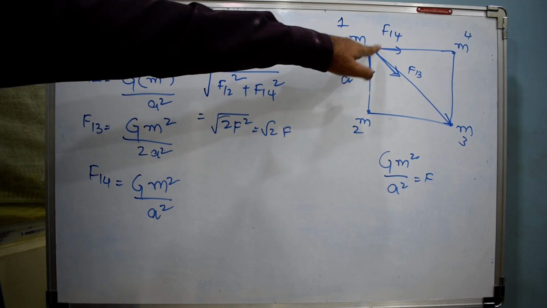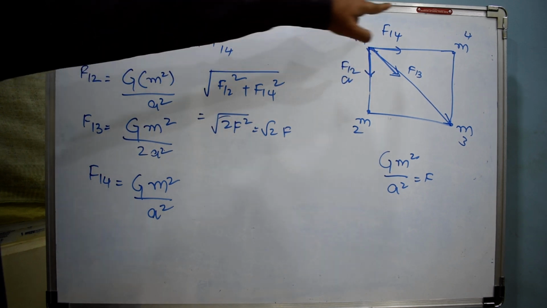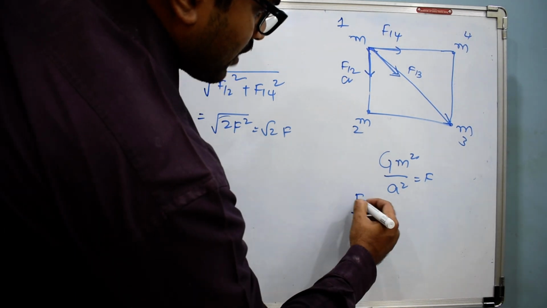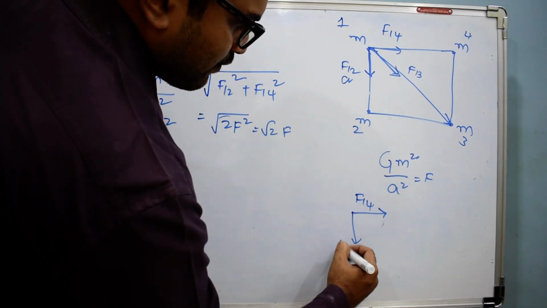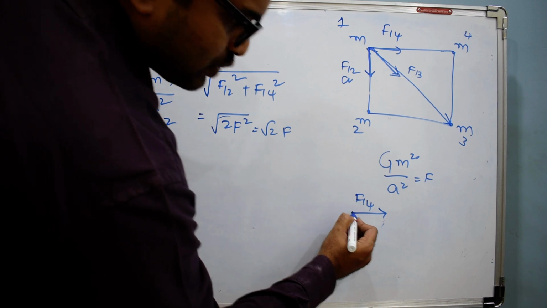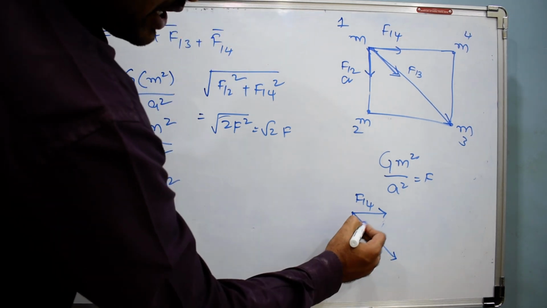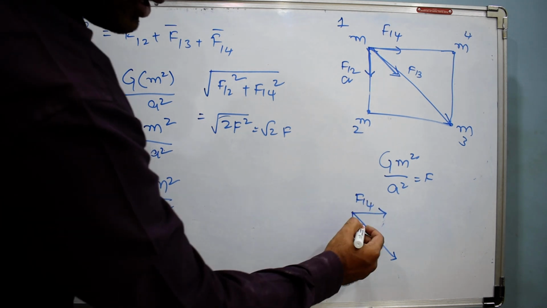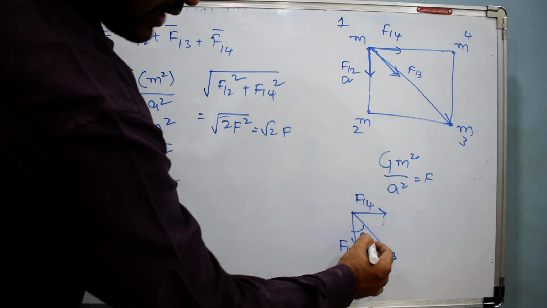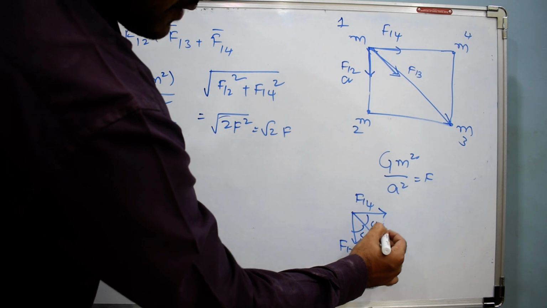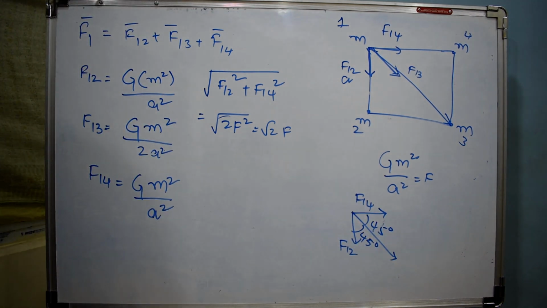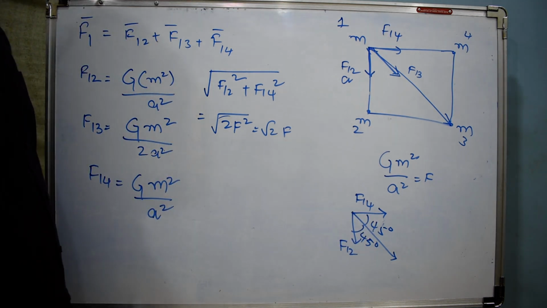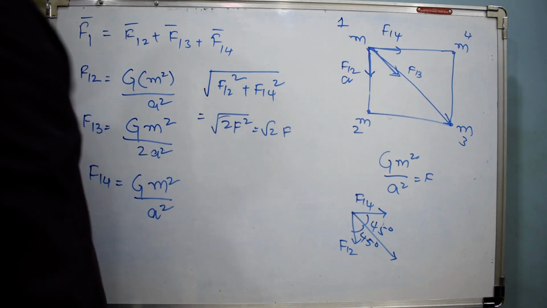Since the angle between them is 90 degrees, the resultant of these two forces, F14 and F12, must be in a direction where it makes an equal angle with each one of them. Since this is 90 degrees, it has to make 45 degrees with each of those forces, so it must be along the diagonal direction.